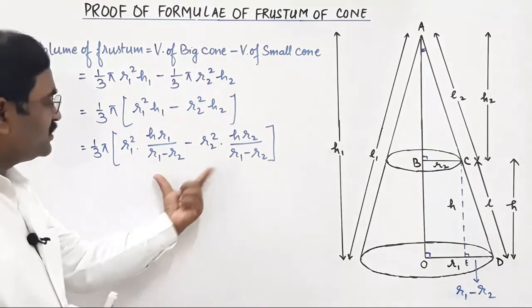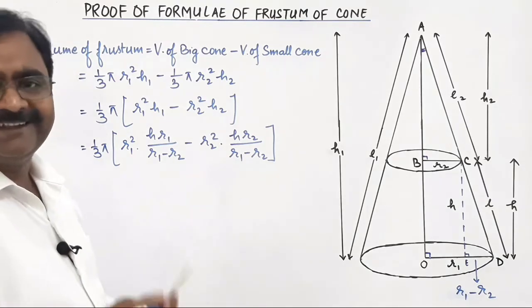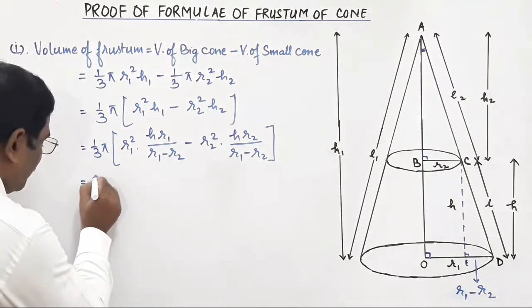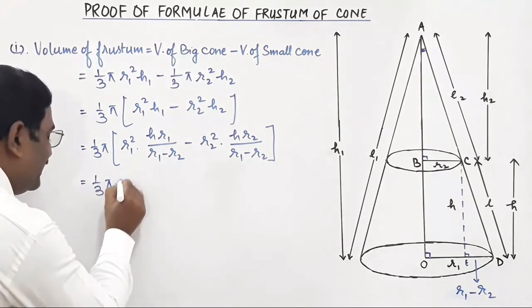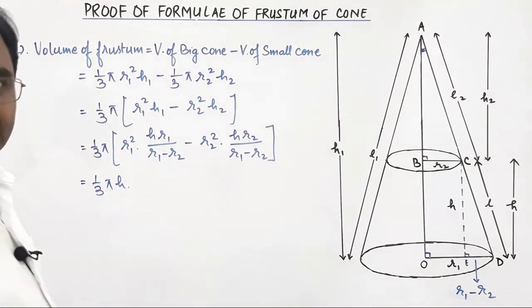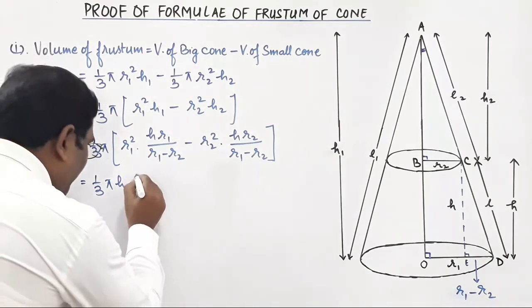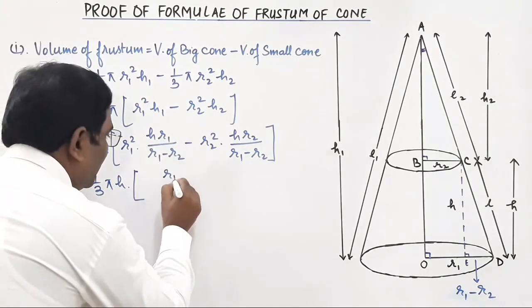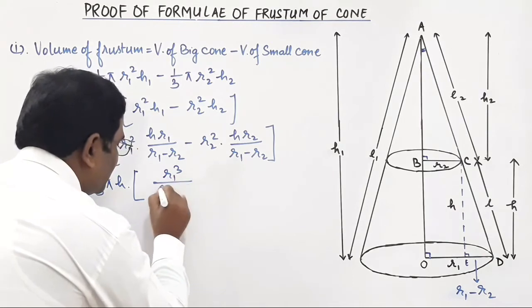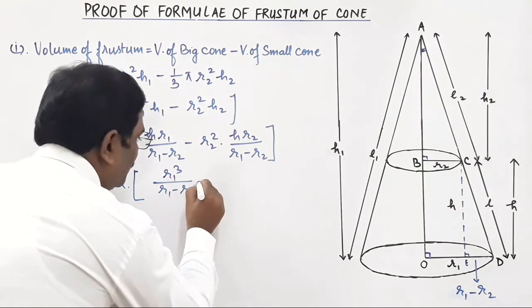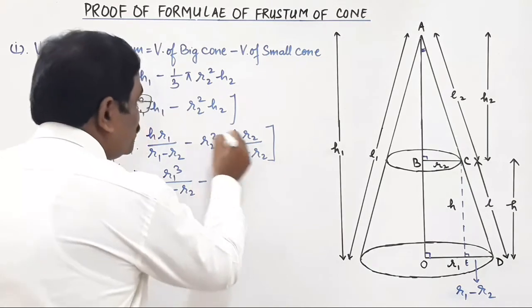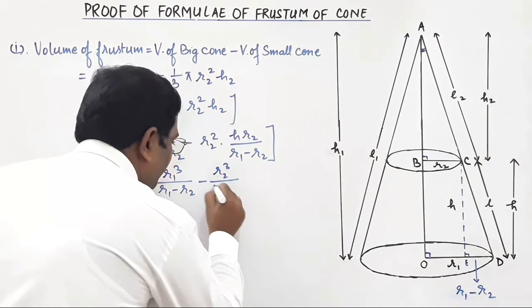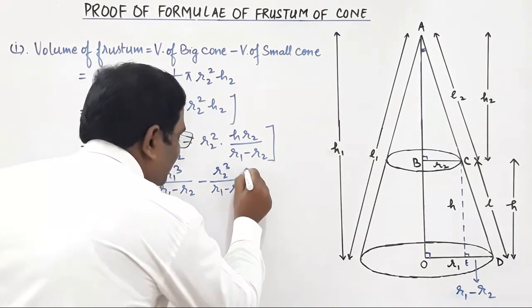From these two terms, we have to take out the common thing. 1/3 pi H is common, so we take H common as well. Now the remaining term is R1 square into R1, which is R1 cube, with denominator R1 minus R2, minus R2 square into R2, which can be written as R2 cube, with the same denominator R1 minus R2.